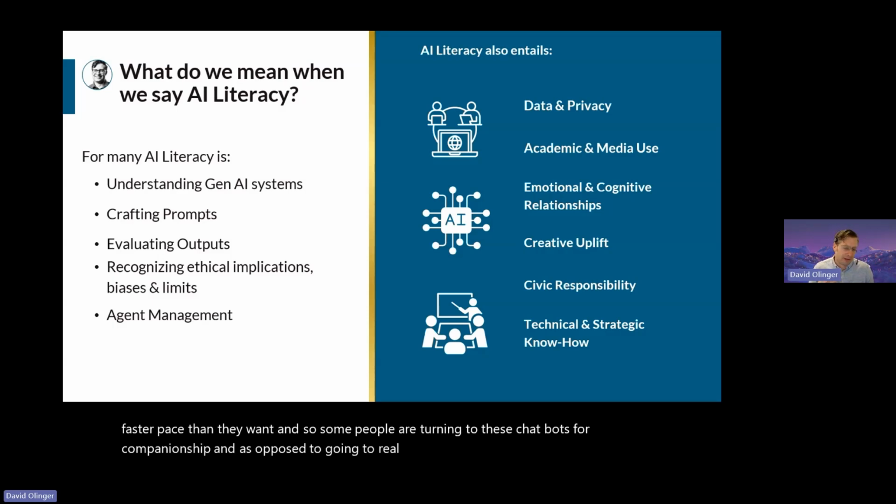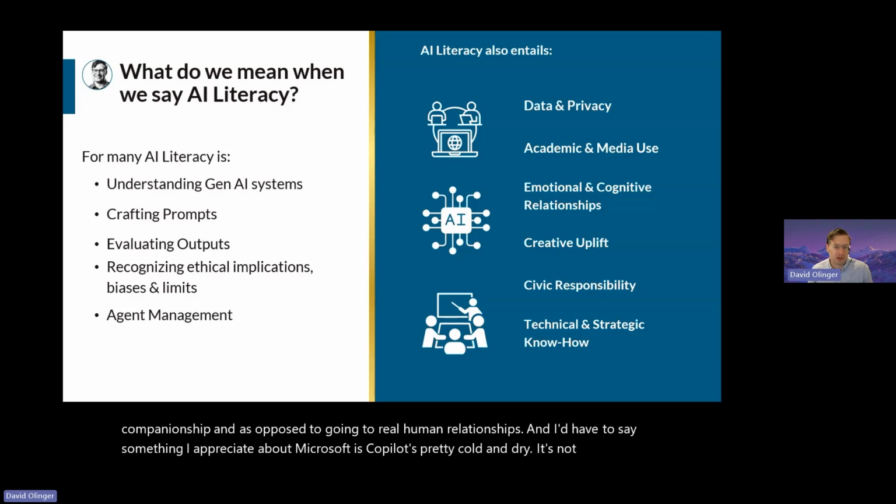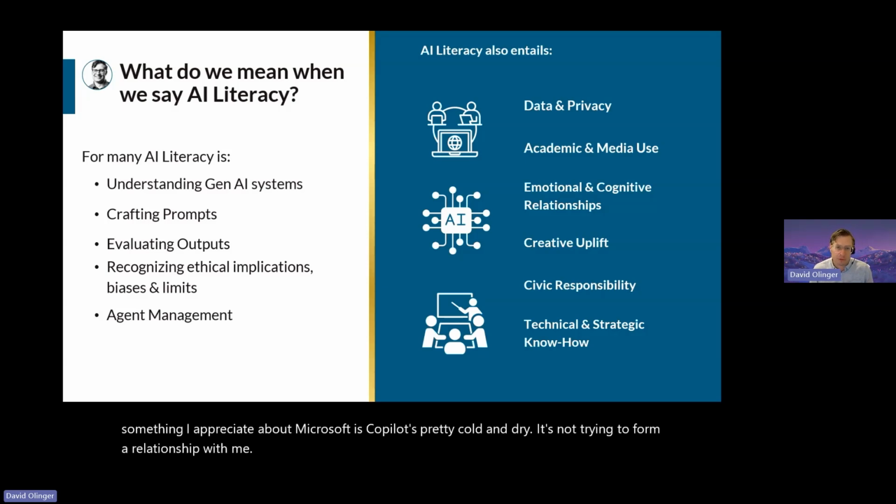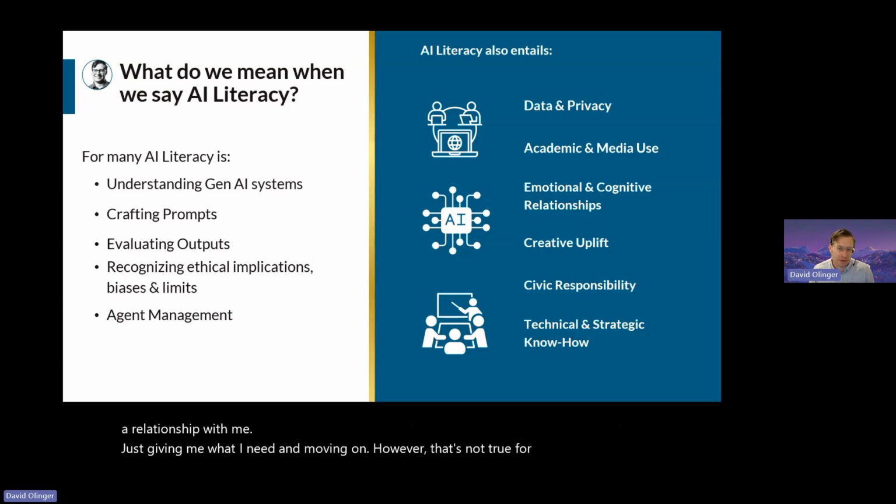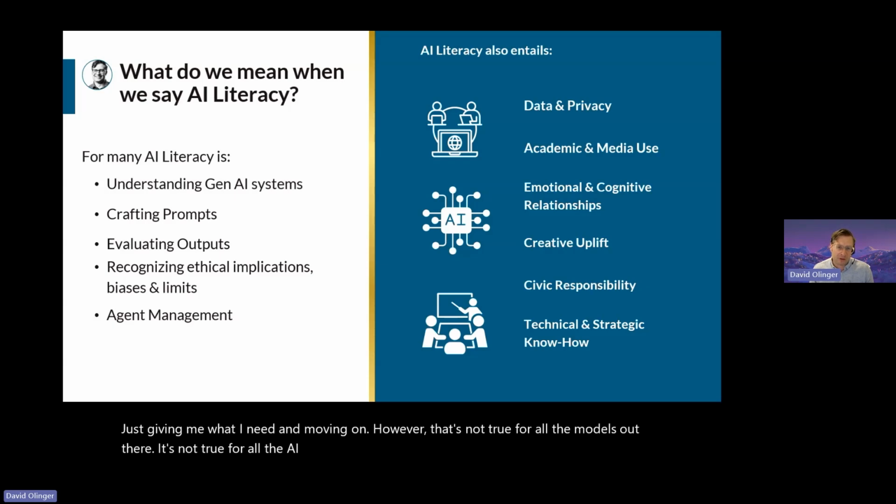And I do have to say something I appreciate about Microsoft is Copilot's pretty cold and dry. It's not trying to form a relationship with me. It's generally just giving me what I need and moving on. However, that's not true for all the models out there. It's not true for all the AI experiences students are having. In fact, some are designed to develop relationships with them. And so raising their awareness around these things is pretty important.